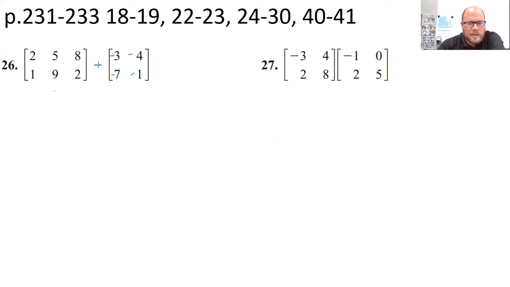Now, can we actually do this problem? Well, we have a 2 by 3 matrix, and we have a 2 by 2 matrix. So 2 rows by 3 columns, 2 rows by 2 columns. They're not the same size.